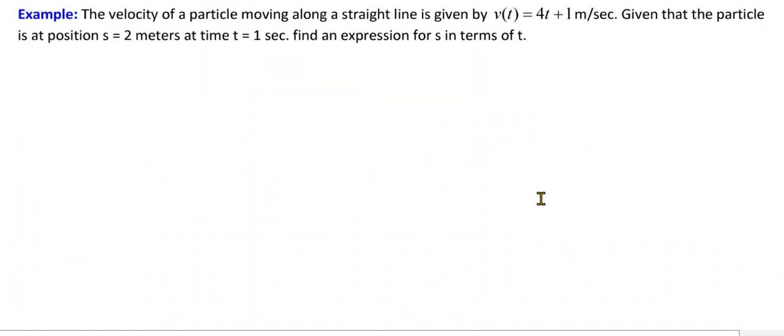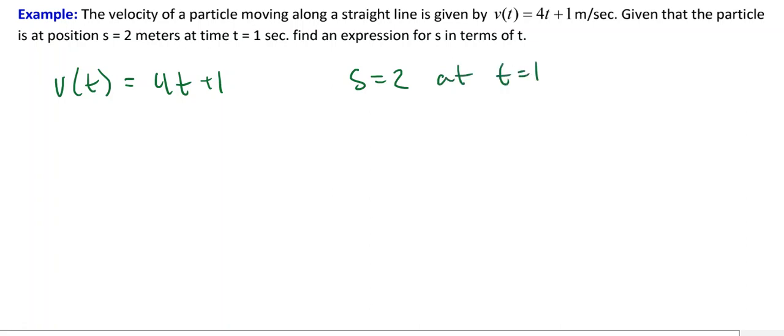First, the velocity of a particle moving along a straight line is given as 4t plus 1 meters per second. Given that the particle is at position s equals 2 at t equals 1, find an expression for s in terms of t. This is basically saying find the position function.